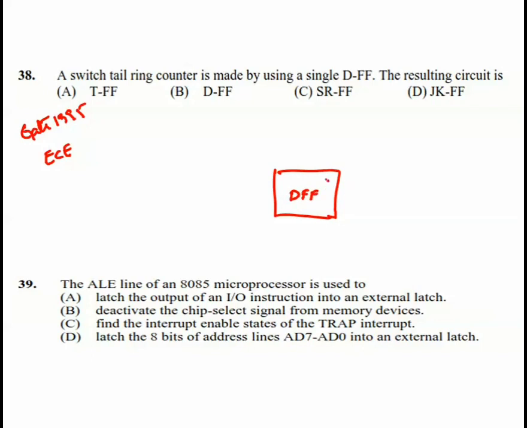Here we have Q and Q bar. In this case we have taken the output from Q bar, which is connected to an AND gate, and here we have a clock pulse. Okay, and this circuit acts as a T flip-flop.